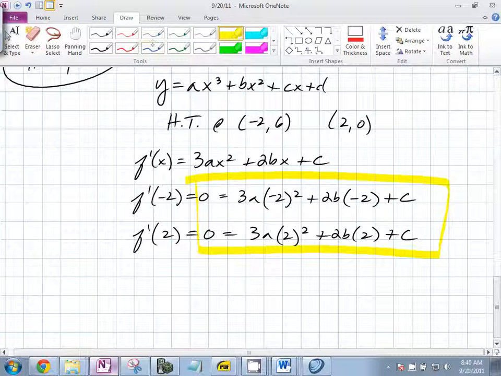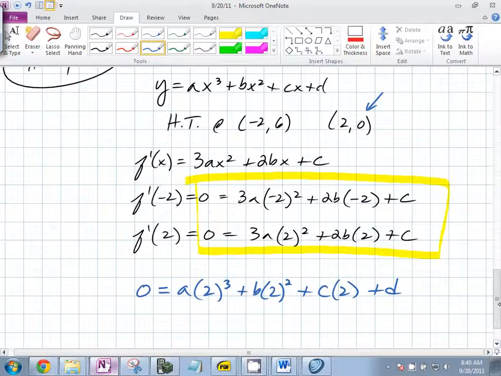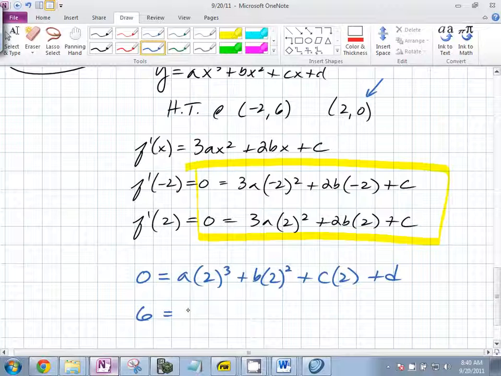So 0 equals a times 2 cubed plus b times 2 squared plus c times 2 plus d. And when you plug in -2, you get out 6: a times -2 cubed plus b times -2 squared plus c times -2 plus d.